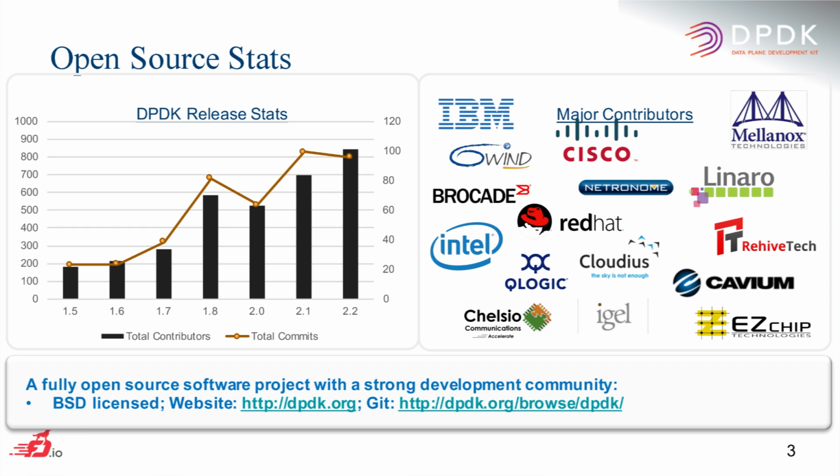DPDK, basically just an introductory slide. It's an open source project. It's a fully open source project. Nothing is hidden. Everything is on the internet on dpdk.org. There is a strong, vibrant development community at this point. On the right-hand side you see a lot of the companies that are active contributors to DPDK.